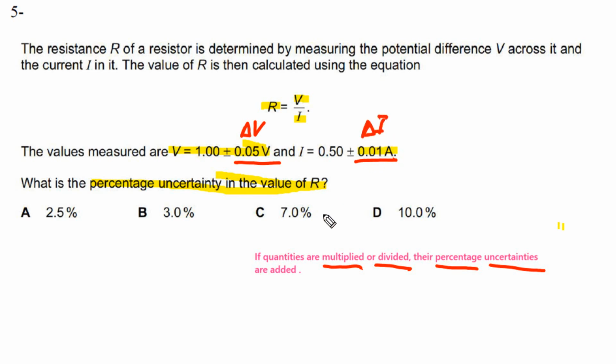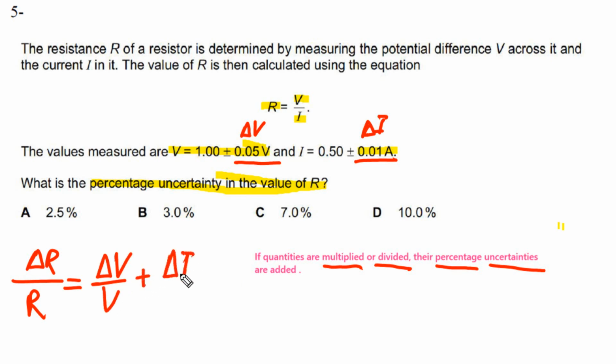Now how can we calculate the percentage uncertainty in resistance? This is quite a straightforward concept if you remember from our class. Delta R over R is equal to delta V over V plus delta I over I. As we need to calculate the percentage uncertainty, we have to multiply by 100.